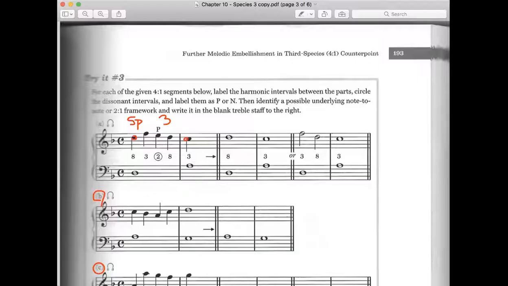Okay, so today we are finishing up our overview of third species counterpoint. Remember last time that we were looking at the connection between species 1 to species 2 and to species 3, and how they are interrelated. In fact, if you are having trouble coming up with some responses for species 3, it's possible to start with species 1 as a framework.